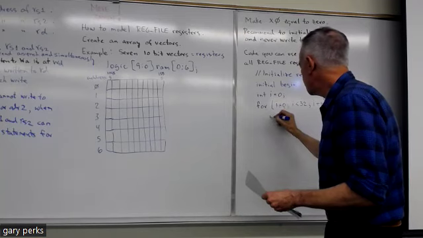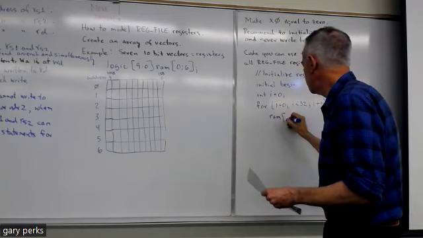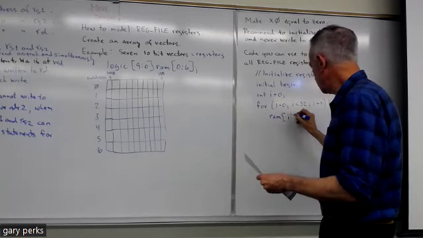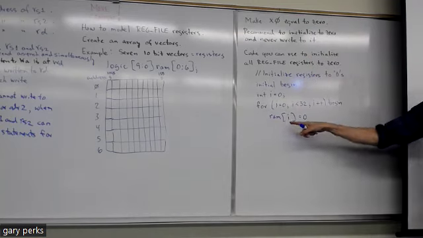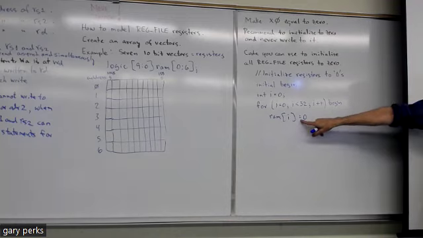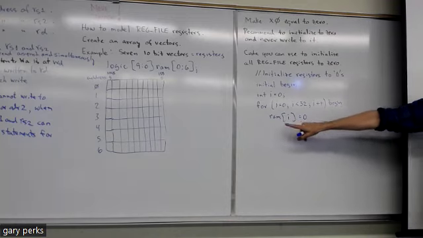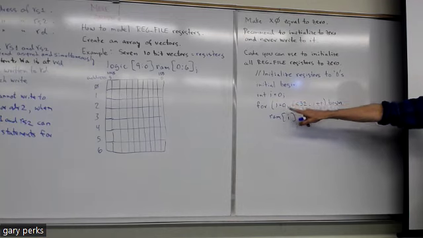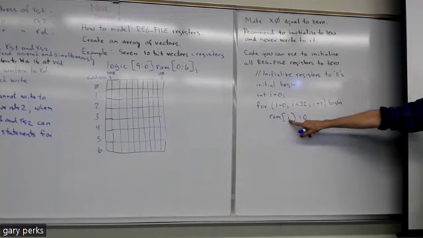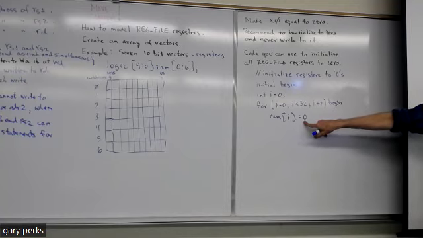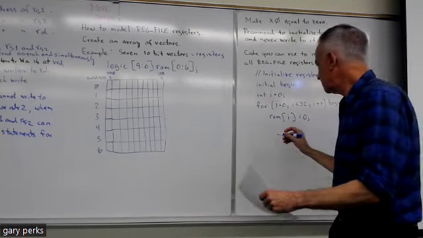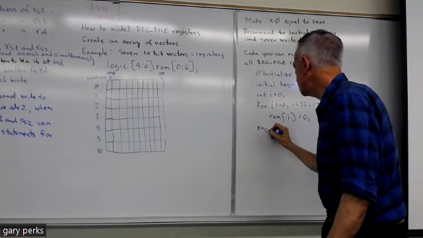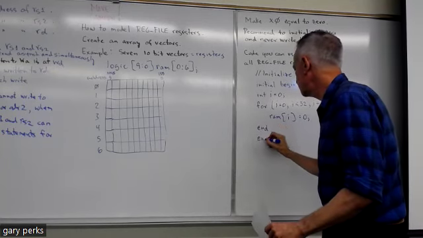But for each address, just set the contents to 0. That's what this line does, right? For each I, which is going to be an address of one of the registers, we're just going to set the contents to 0. And then go to end the for, and then end the begin.